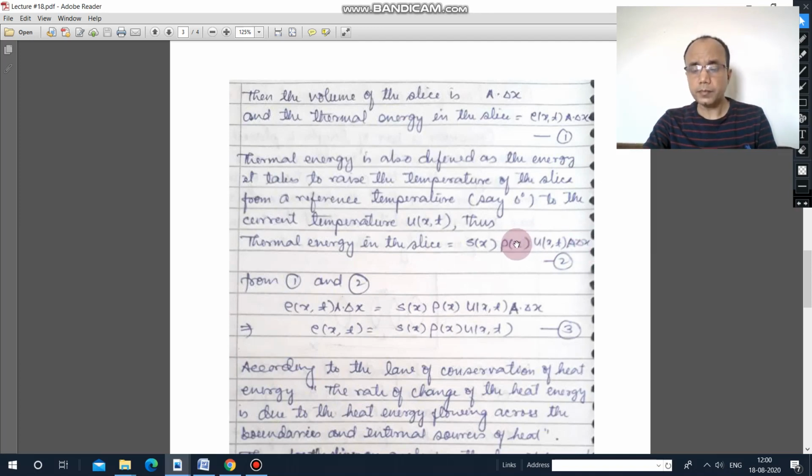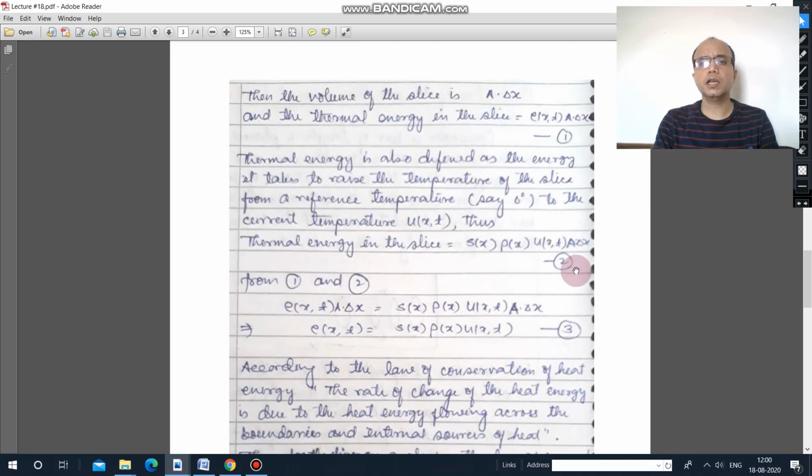So this is mass density, meaning mass per unit volume. If you multiply it by volume, this will give you the mass. Clear? And u(x,t) is the temperature. So if you want to raise the temperature of this mass rho(x) into A into delta x by the temperature u(x,t), the amount of thermal energy will be c(x) into rho(x) into A into delta x into u(x,t). So this will give you the thermal energy of the slice. Clear?